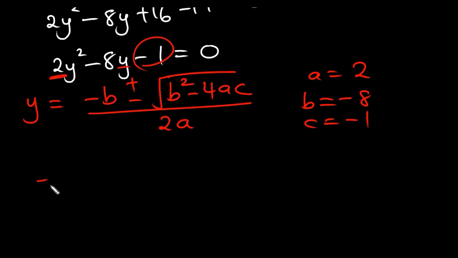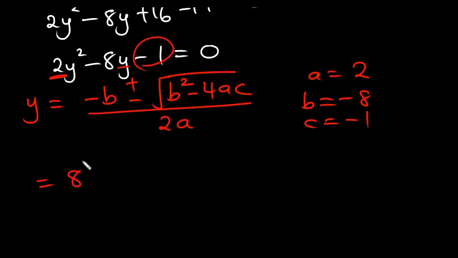So let's do that. So negative b. b is already a negative 8. So that's going to be negative 8. And we know that when you have two negative signs, we can replace them with a positive. So this can just be positive 8.